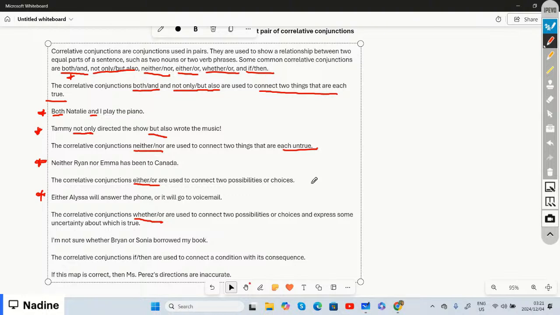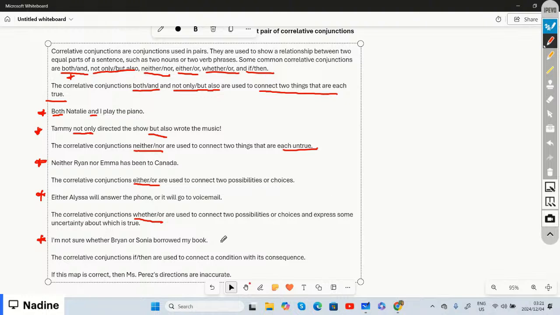If we look at an example, it says, I'm not sure whether Brian or Sonia borrowed my book. Like, I really don't know. I can't even remember. That is what it means.